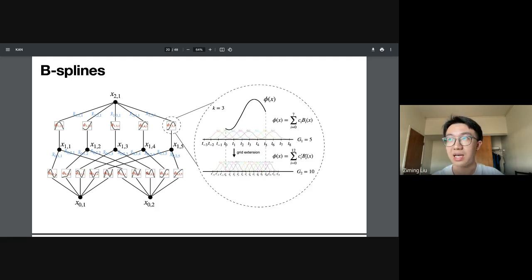Secondly, once we fix the range, how are these grid points distributed? By default, it's distributed uniformly, but there's a tunable parameter you can tune to control how much you want to adapt your grid according to the sample distribution.